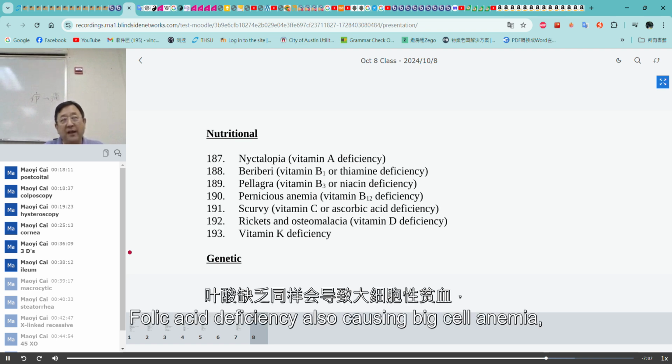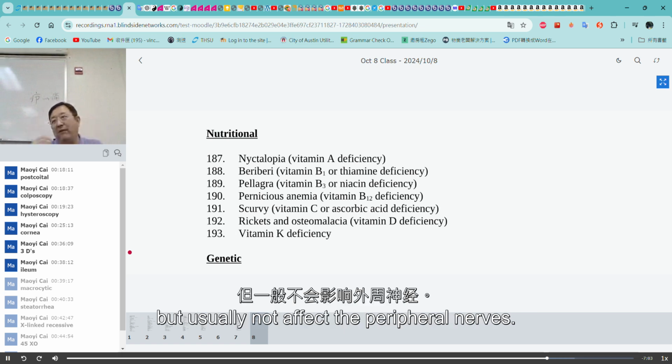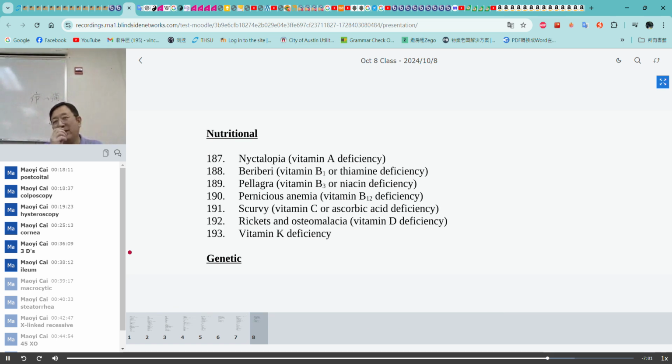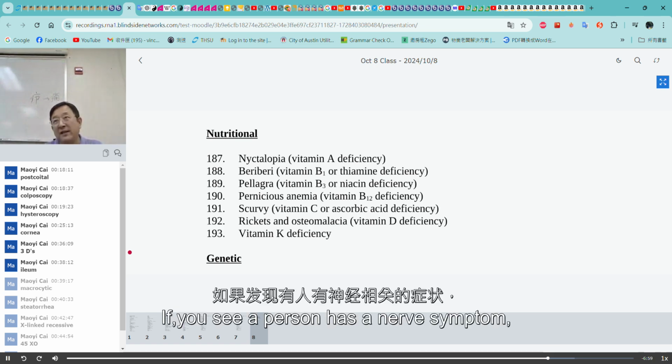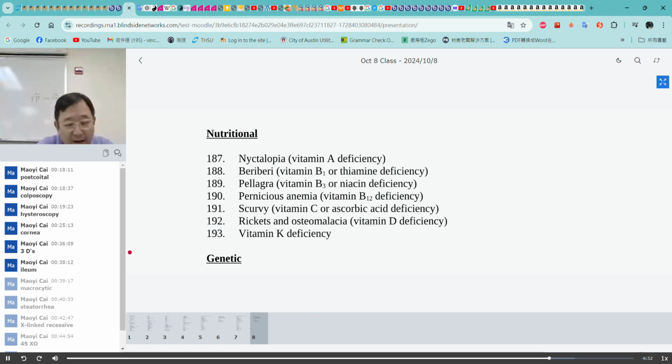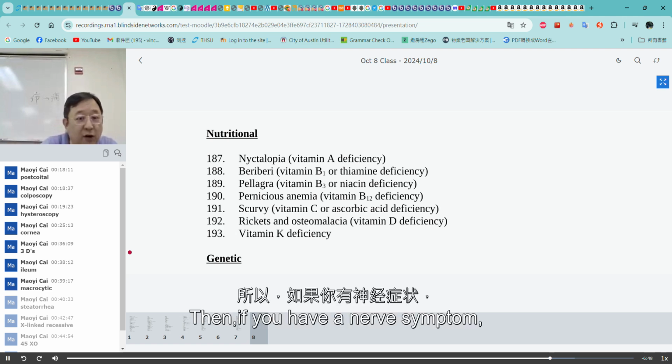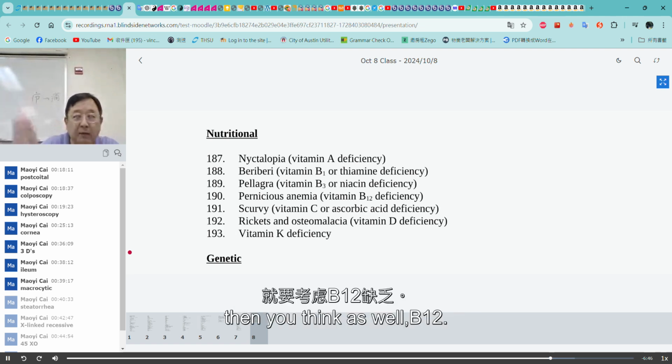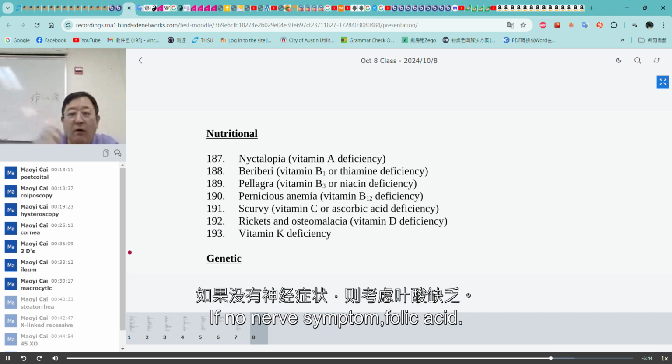Folic acid deficiency also causes big cell anemia, but usually does not affect the peripheral nerves. If you see a person with macrocytic anemia, macro is a big cell, right? If there is a nerve symptom, you think it's what? B12. If no nerve symptom, folic acid.